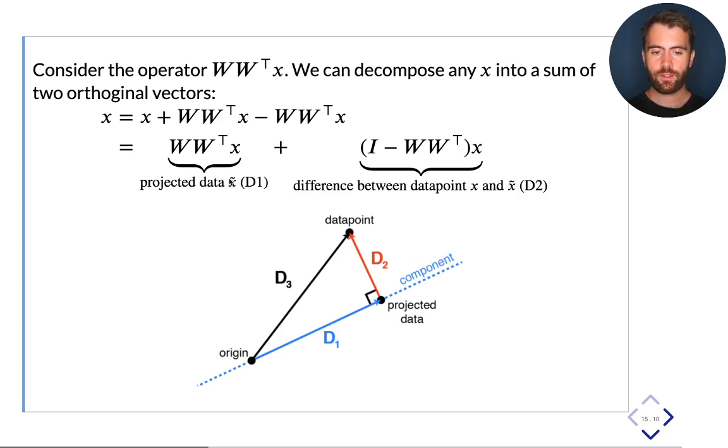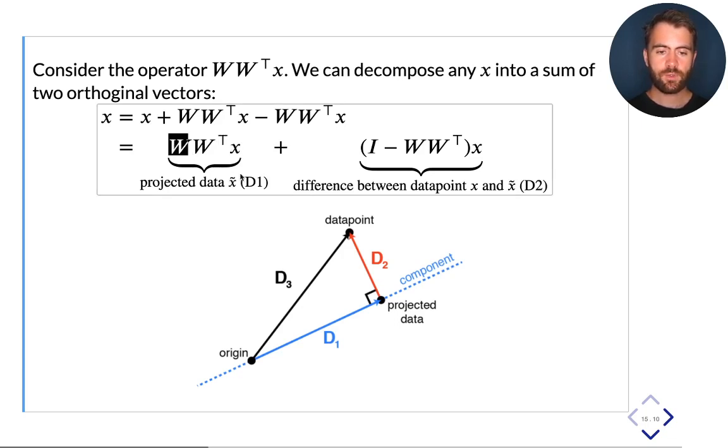So here again, we're taking x, we're encoding x, and now we're decoding x. This gives us a point x tilde, which is going to live here. And so the length of this vector here equals d1. And this other vector is simply the difference between x and its projection x tilde. And that will correspond to the point D here.